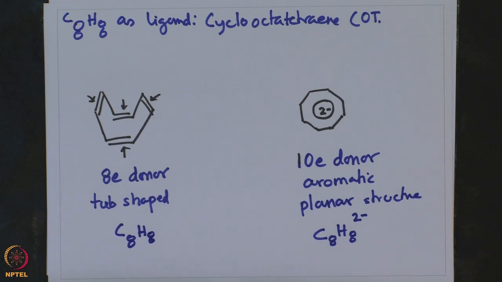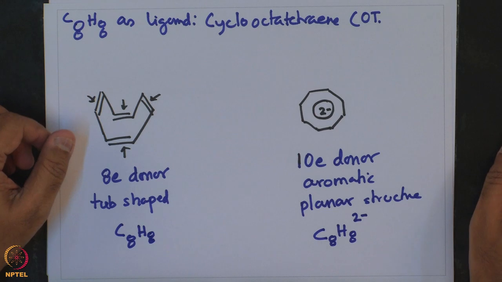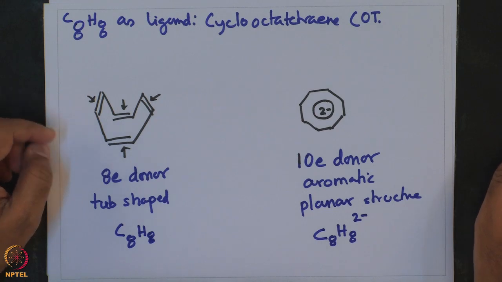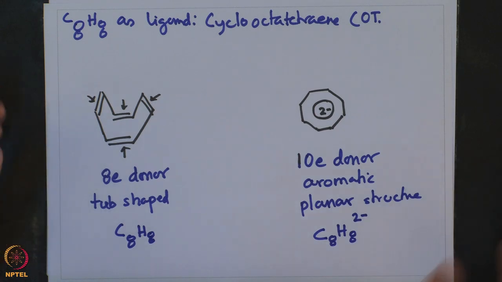So, the C8H8 ligand can exist in two binding modes. One can be tub shaped, where it behaves like a tetraene with 4 double bonds, and the other can be a planar structure where it has 10 electrons and is in a dianionic state.